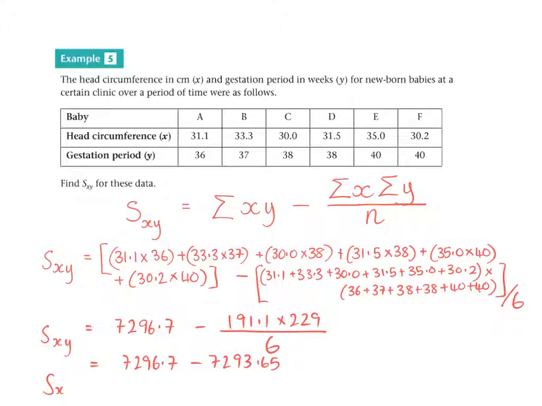So the covariance is equal to 3.05, and we're going to interpret that in a little while.